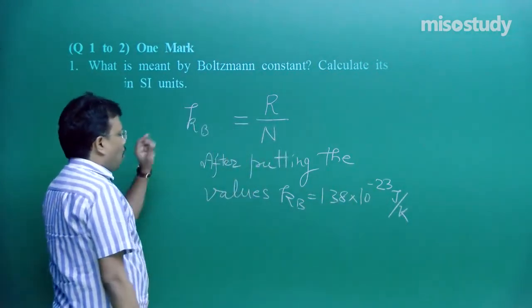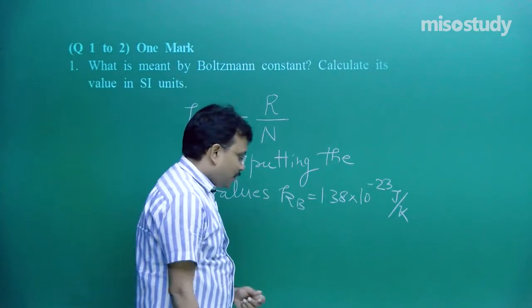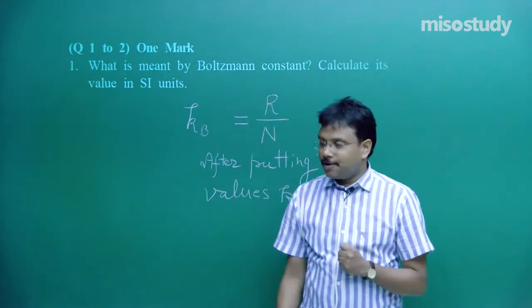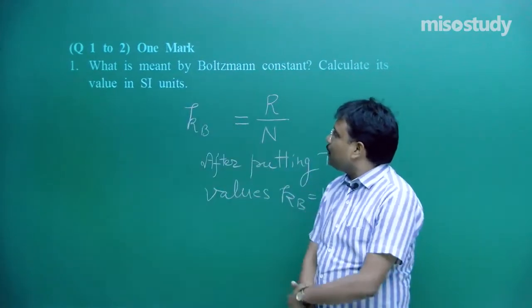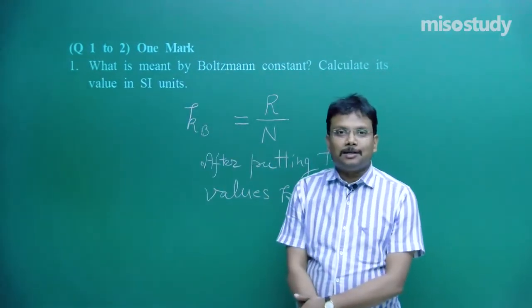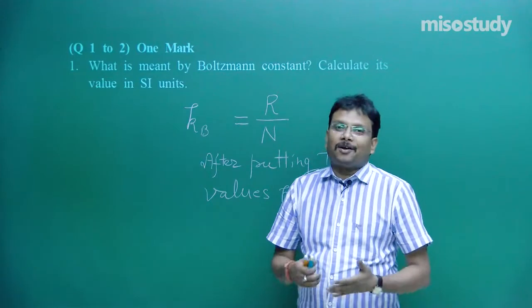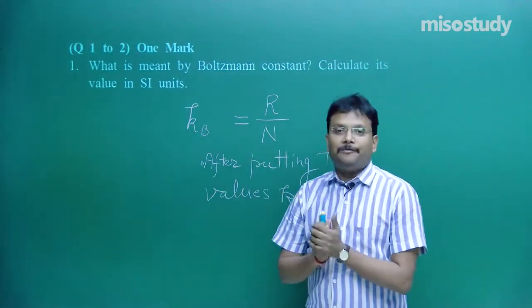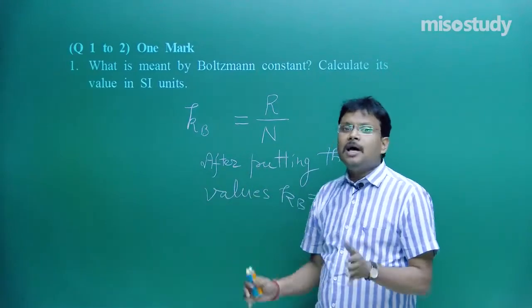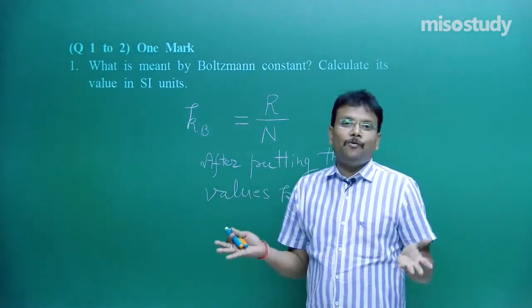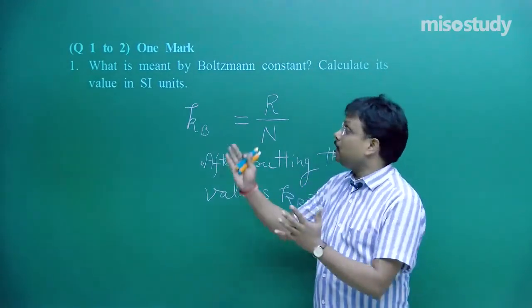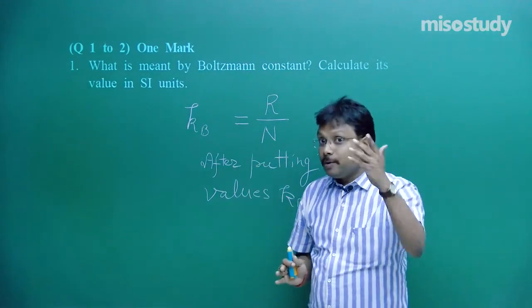Some confusion may be in the minds of a few students: what do we write as the meaning of the Boltzmann constant? Simple. It's a constant introduced by scientists, and the value of the constant is this much. In a 1 mark question, what else do you want to write? Confine yourself so that you can use this time for long questions.